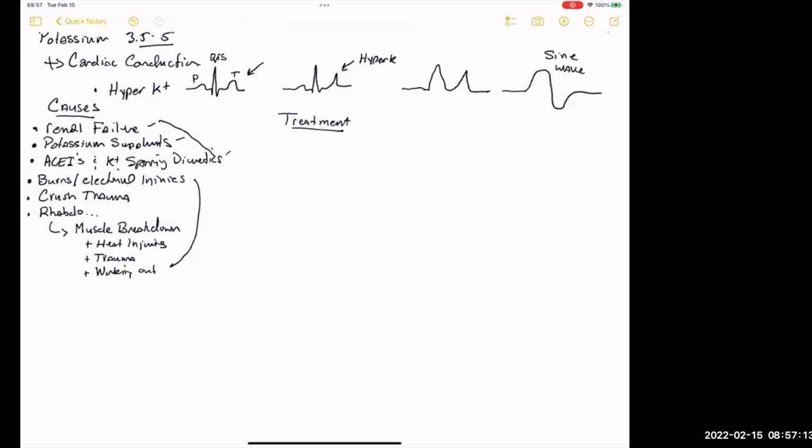Stabilize the cells would be the first thing, that calcium. Yeah, so let's talk about this. It's a 3-step process. Step 1 is buy yourself time. And you buy yourself time by stabilizing the myocardial cell membrane.